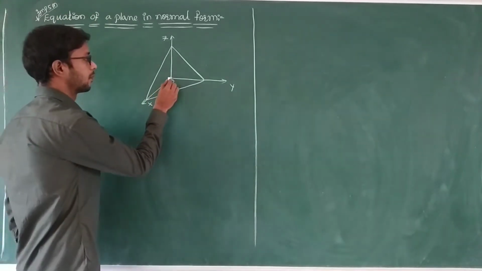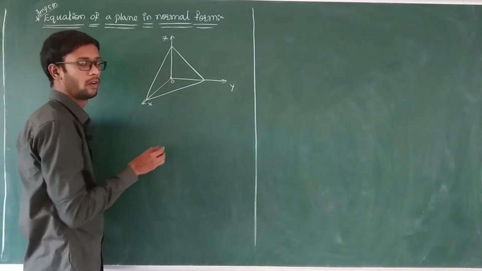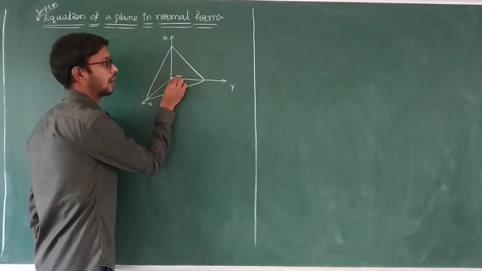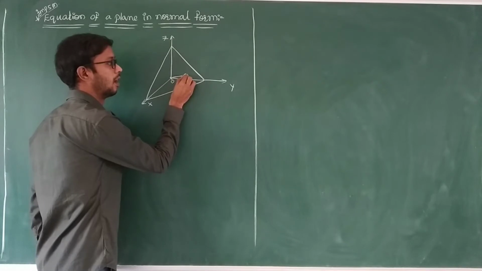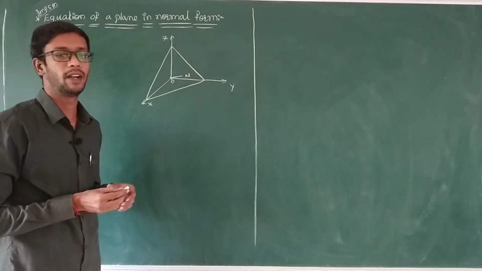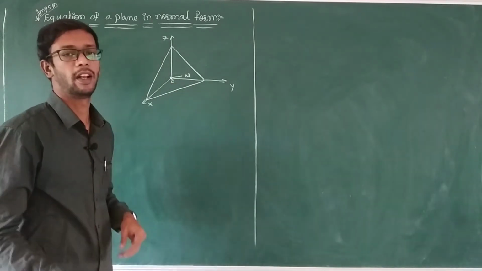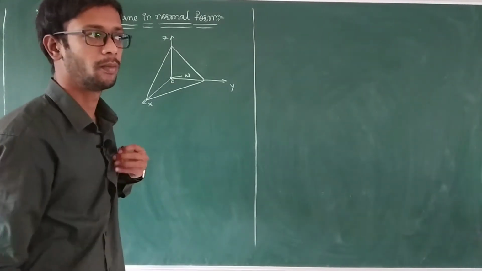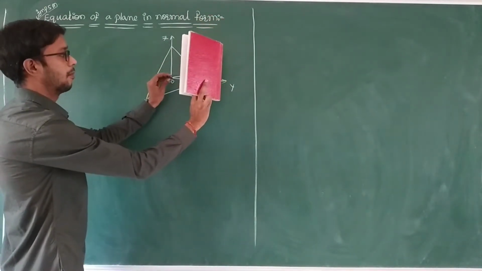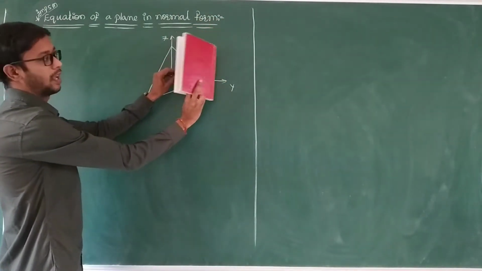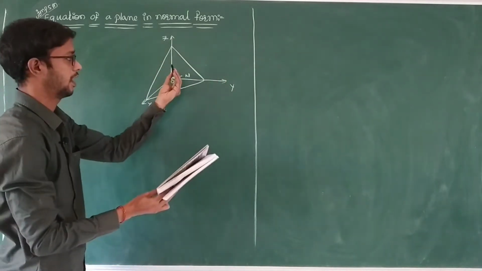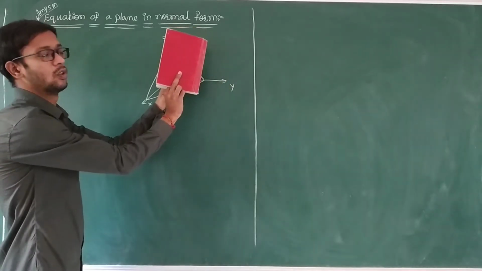Next, from origin O to the plane, take one perpendicular ON; that is only the normal. ON is the perpendicular normal to the plane. How to imagine this? This is a plane. From the origin to the plane, one perpendicular, we are taking a perpendicular line from the origin.